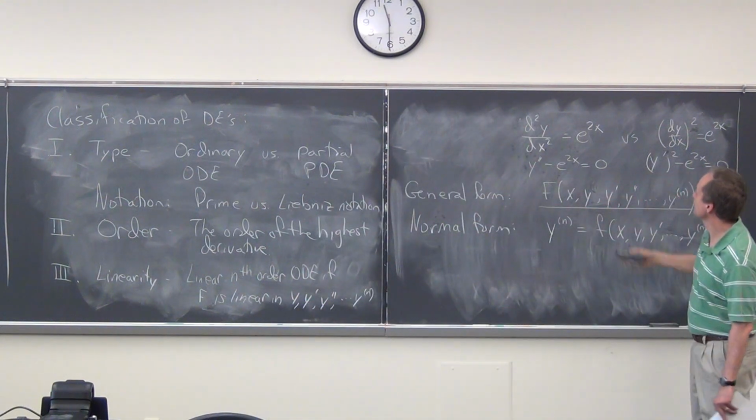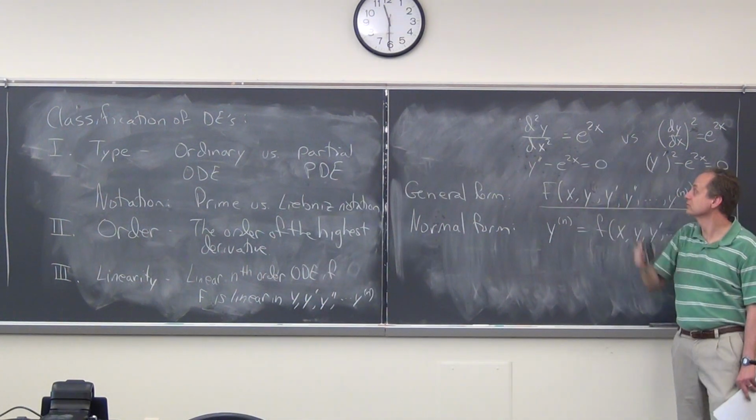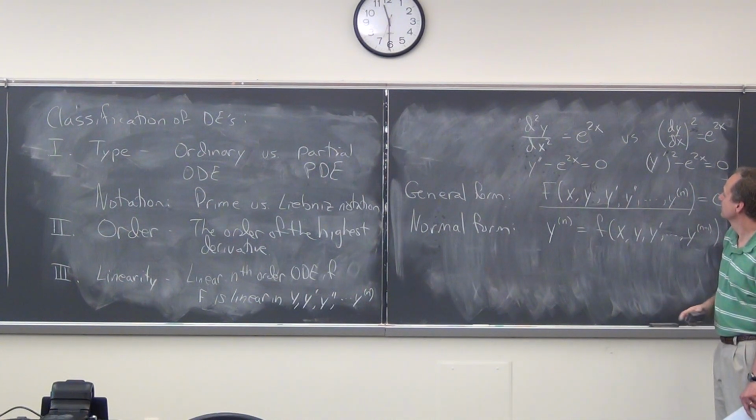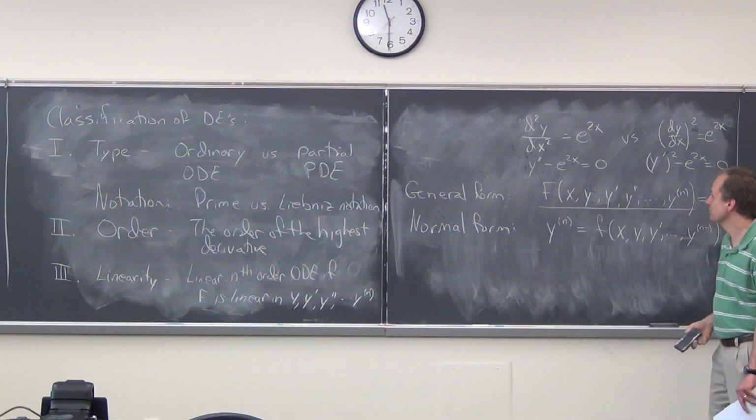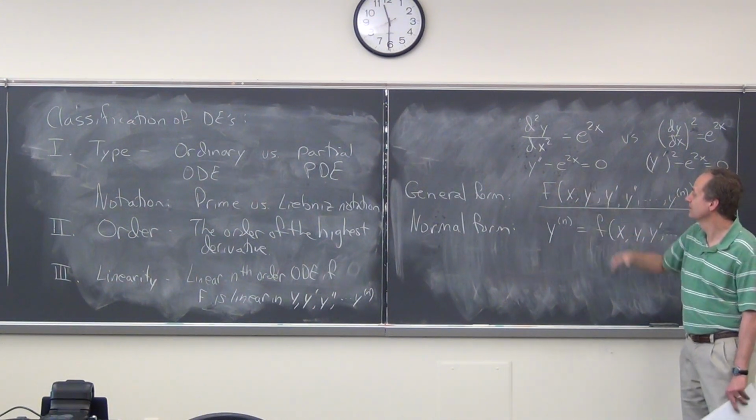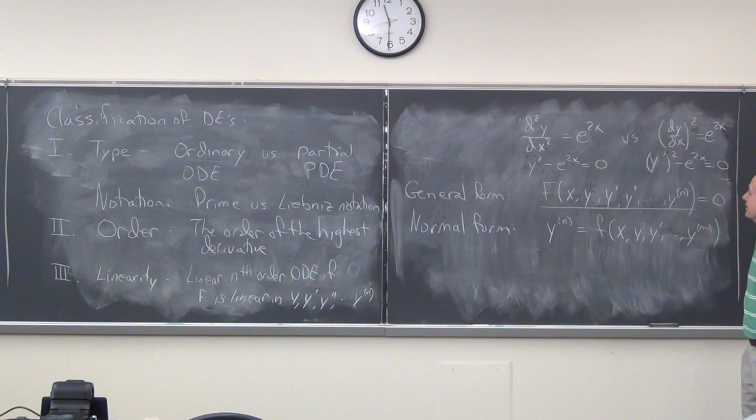This is a linear second order differential equation. X doesn't matter as far as linearity is concerned, so it's just a question of whether it's linear in y and y prime, and they don't even appear, so certainly it's linear.